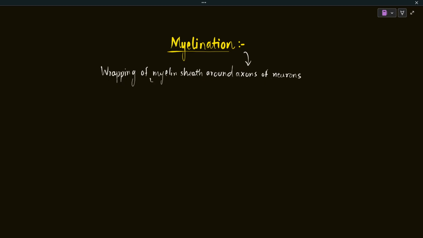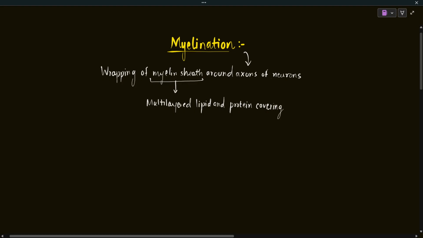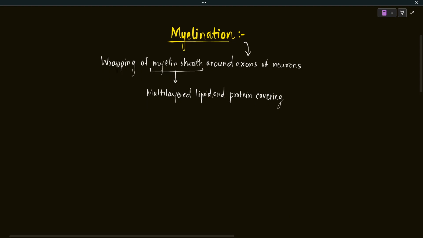So the myelin sheath is a multi-layered structure. This is a multilamellar structure of lipid and protein. So myelin sheath is a multi-layered lipid and protein covering. Okay. We discussed that this is produced by the glial cells on the axons.